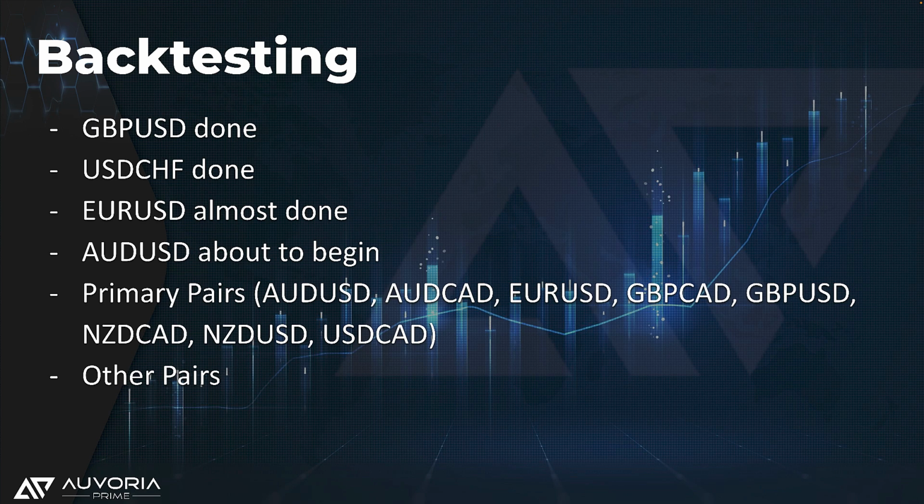We're speaking with professional traders that explain to us that the inversely correlating pair to GBP USD is USD Swiss franc. So if we run those together, we'll have less drawdown and more profit. And so these are some of the things that we're doing, and that's why we've done backtesting on that.